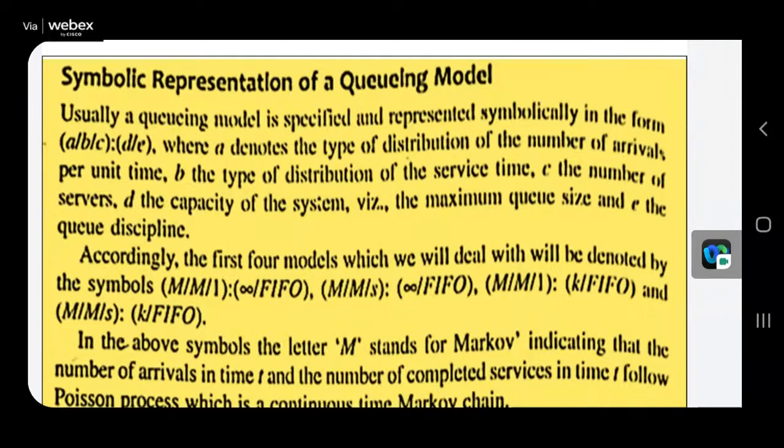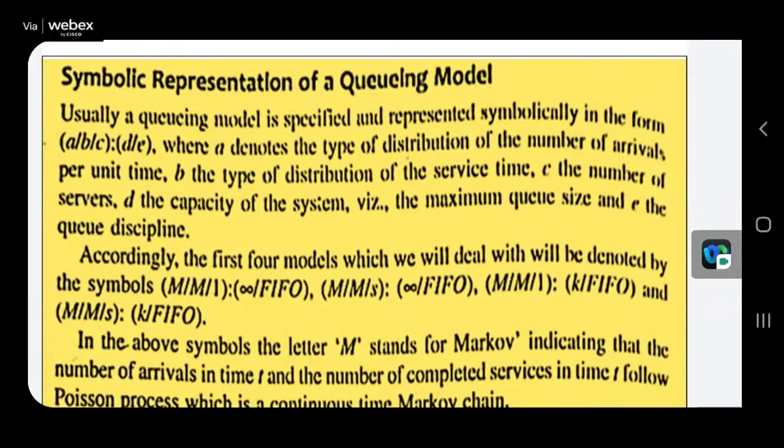As I told, both service as well as arrival are Poisson distributed. We know that Poisson distribution is represented with M, because M stands for Markov, and the Poisson process is a continuous time Markov chain process.